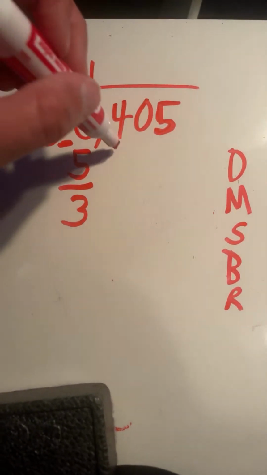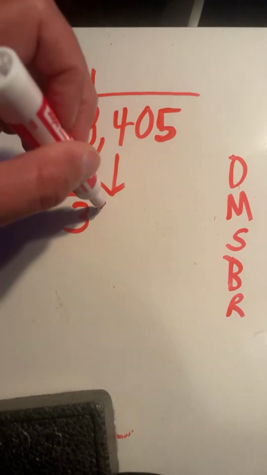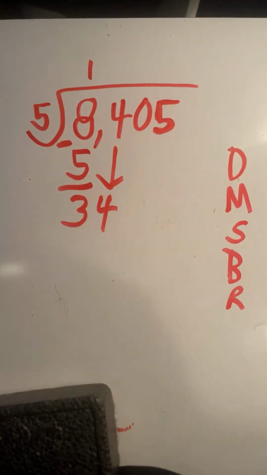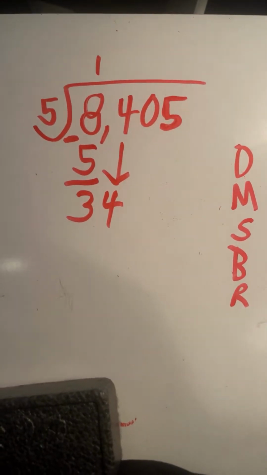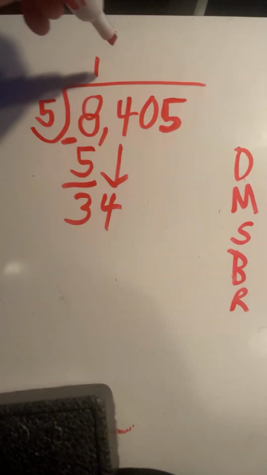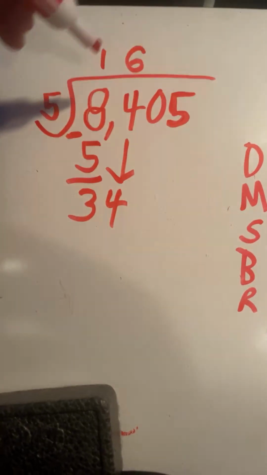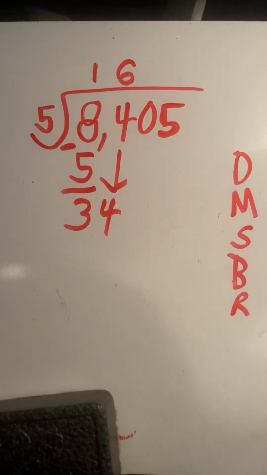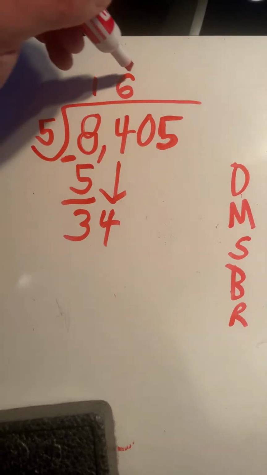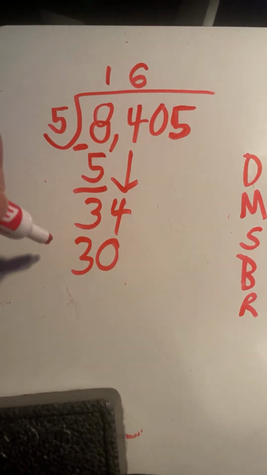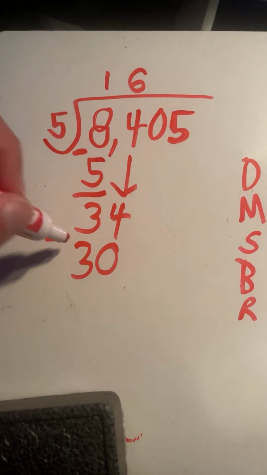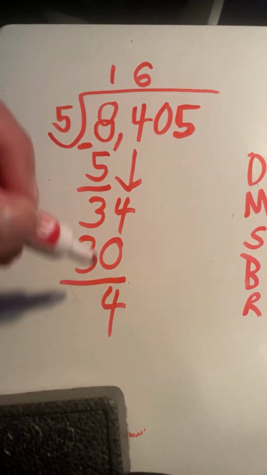Step 4, we bring down. We're going to bring down the 4. The 3 becomes a 34. 34 divided by 5 equals 6. Next, we multiply. 6 times 5 equals 30. 34 minus 30 equals 4.